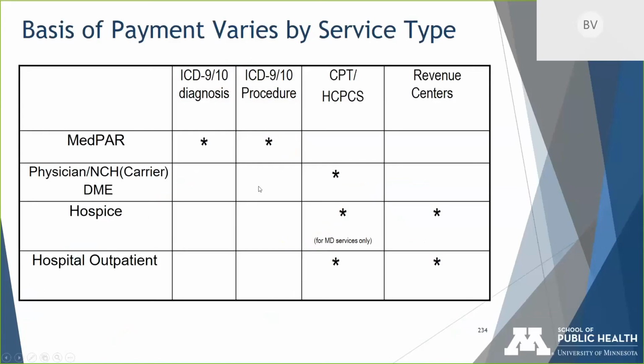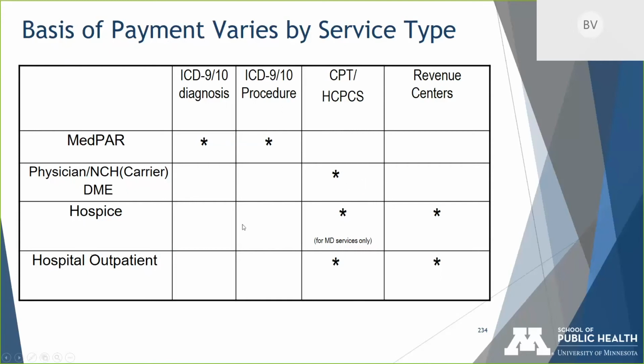So first, claims data will report on the medical services that were received. As was mentioned in previous segments, the basis of payment varies by service type, and so what we actually get to observe about the medical service will vary by service type. In the MedPAR file, we have ICD-9 and 10 diagnosis and procedure codes. Within the physician or NCH files and the durable medical equipment files, we will have CPT or HCPCS codes, also some NDC codes possibly.